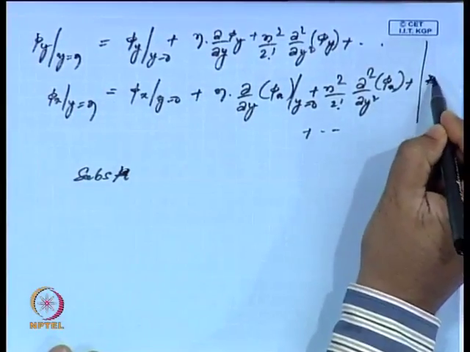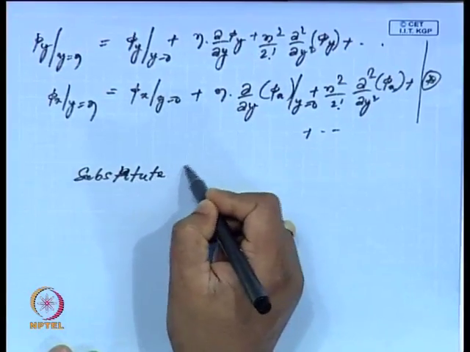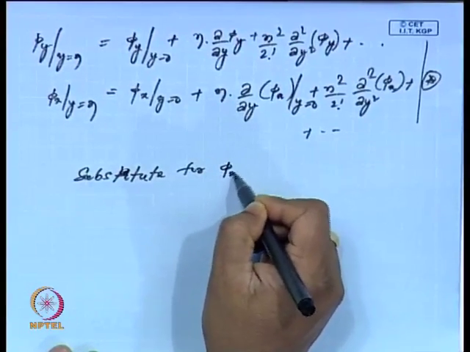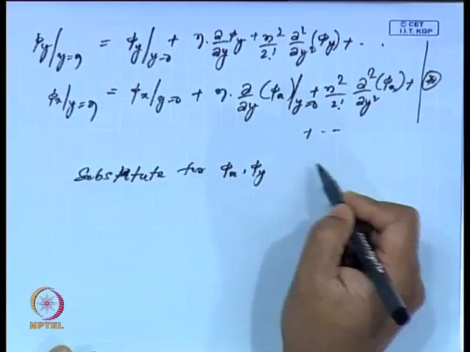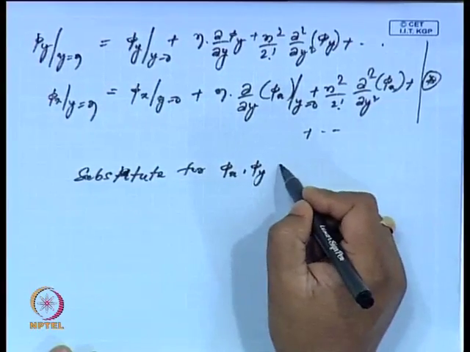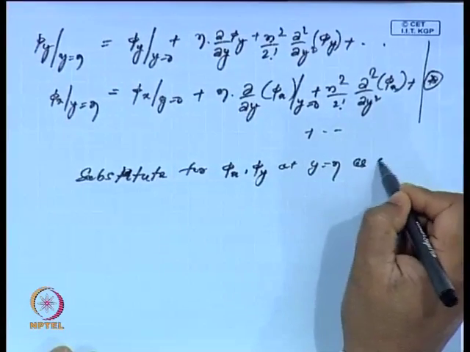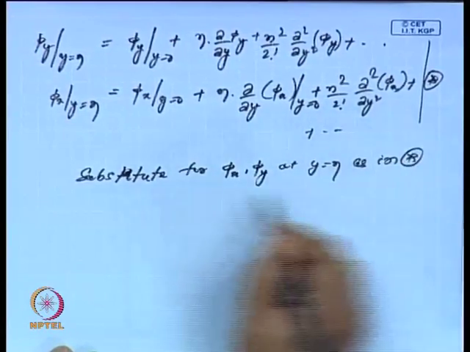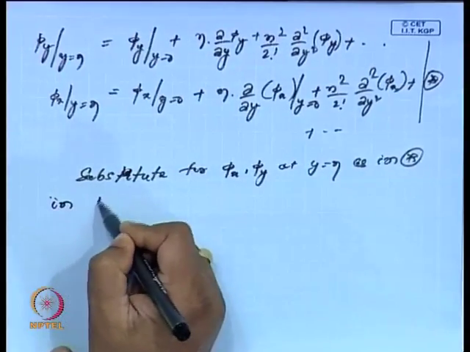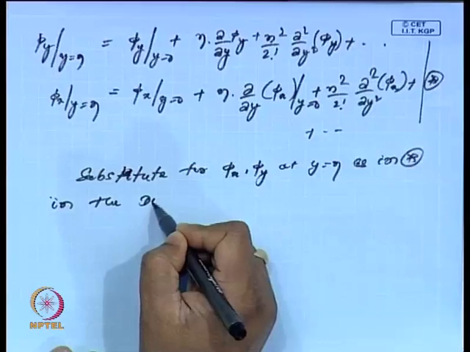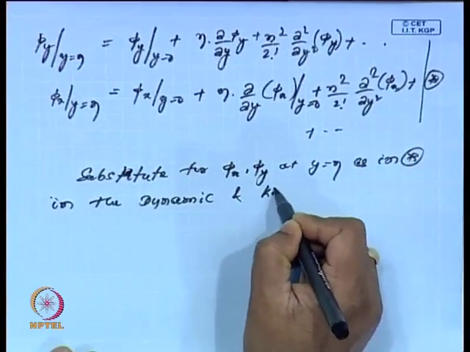I call this star: substitute for phi_x, phi_y at y is equal to eta as in star, in the dynamic and the kinematic condition.